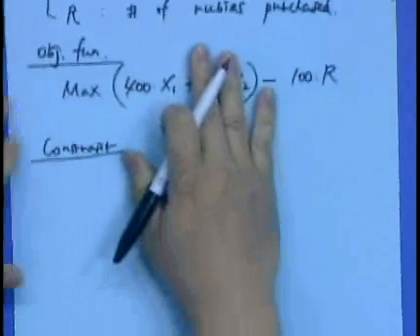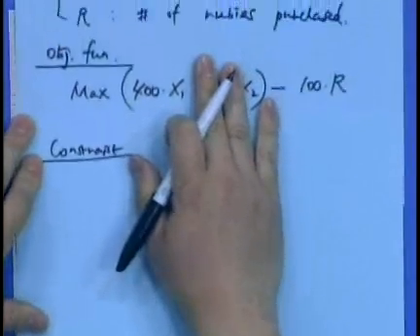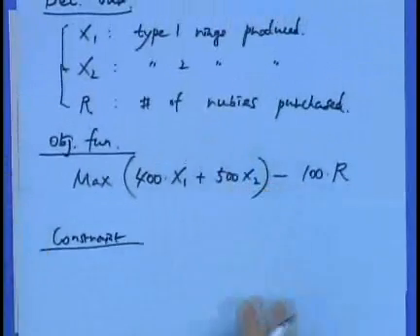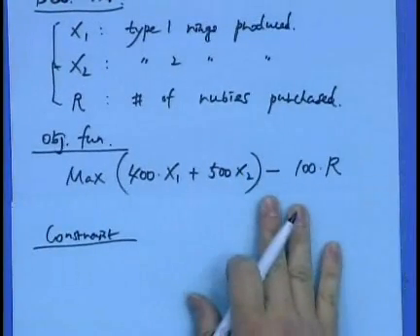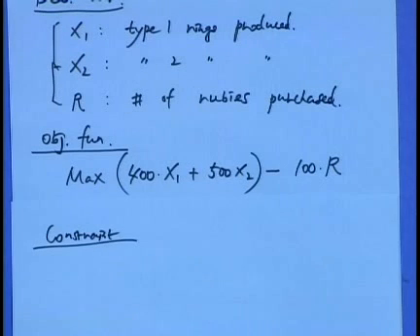What about the constraints? We do need 3 constraints, one each for rubies, sapphires, and labor hours. Because only 100 rubies are available, and 2 rubies are required for a type 1 ring, and 3 rubies for a type 2 ring, and extra rubies can be purchased.